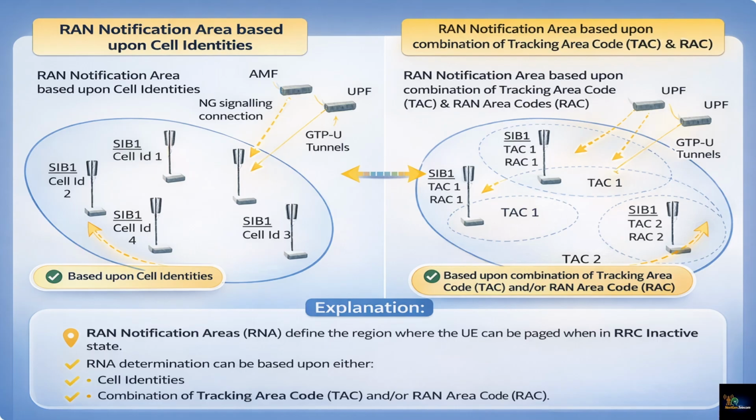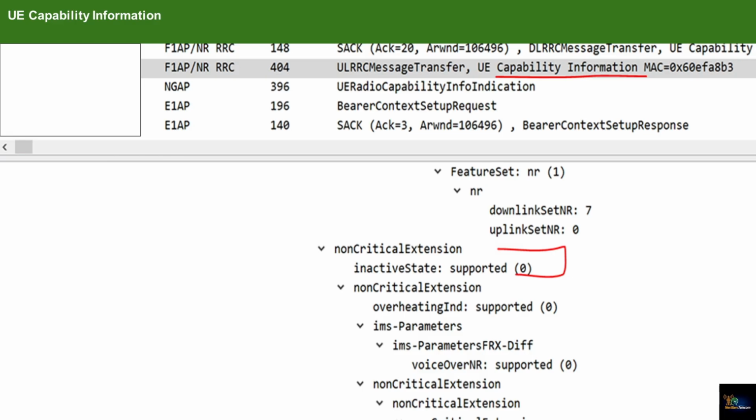Already we discussed this RAN notification area, cell identity, and notification area based upon a combination of tracking area codes. So here is the UE capability information.